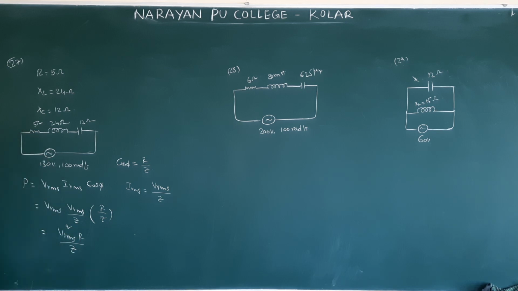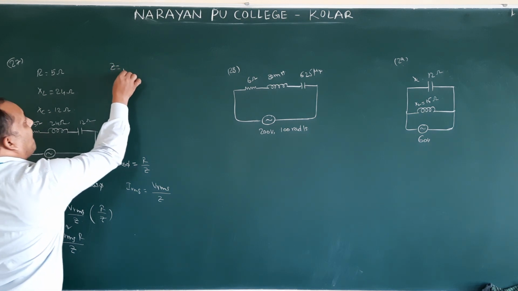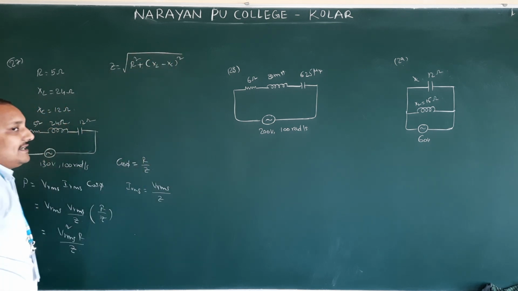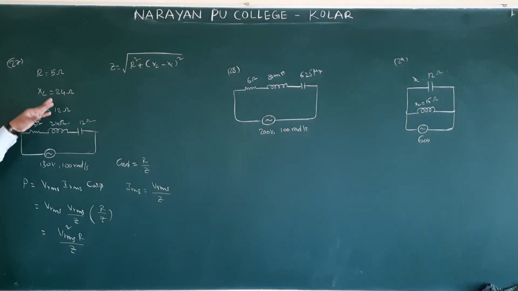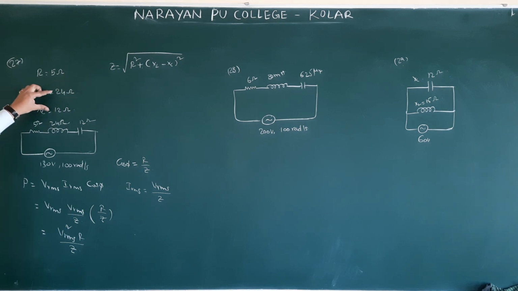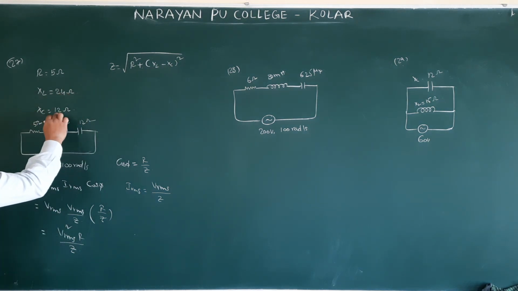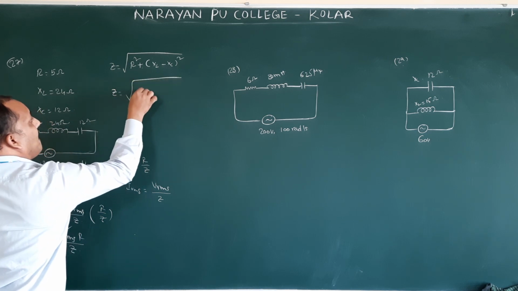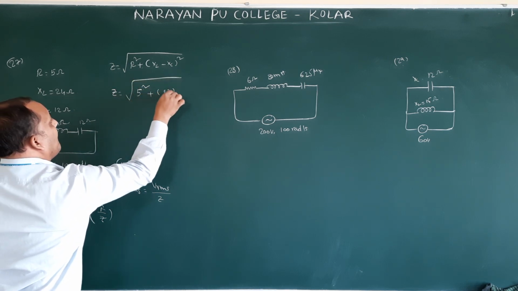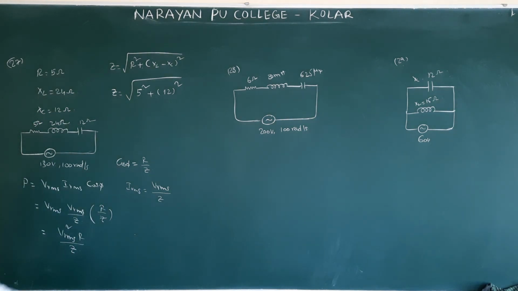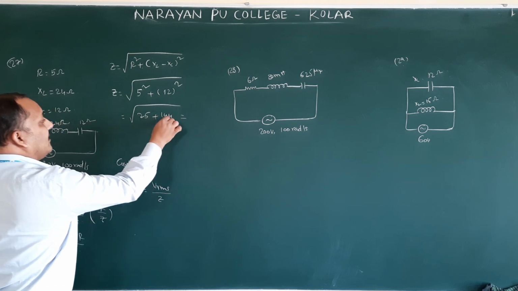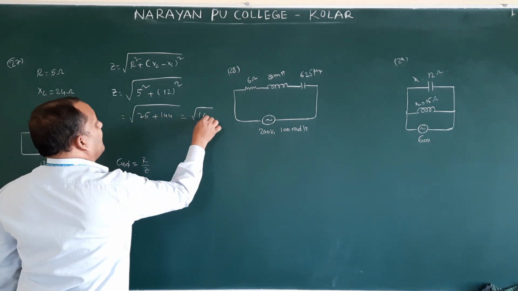Z value how to find? What is Z? Root of R square plus XL minus XC whole square. So more minus less or less minus more, because square is there you don't need to worry. XL minus XC, 24 minus 12, how much? 12. R value how much? 5. So 5 square plus 12 square: 25 plus 144, root 169.